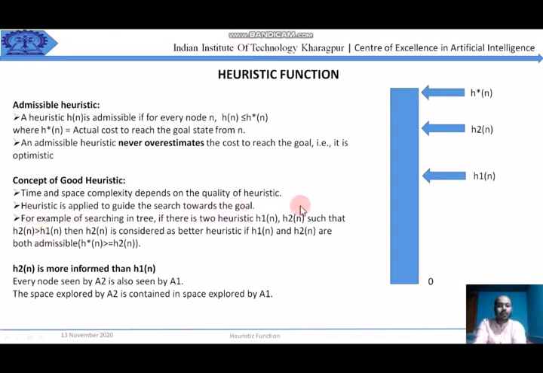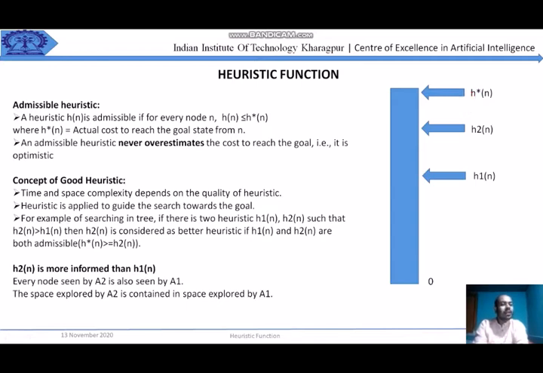For example, here from the start to the goal is the actual cost. Here h star of n is the actual cost, and we have heuristics h1 of n and h2 of n. h1 is heuristic function 1 and h2 is heuristic function 2. Here we can see that h1 is less than h2, which is less than or equal to h star. The closer the heuristic function is to the actual cost, the better the heuristic function is.